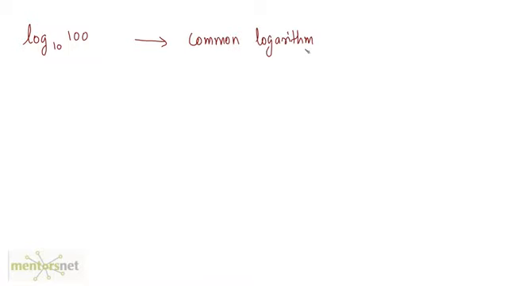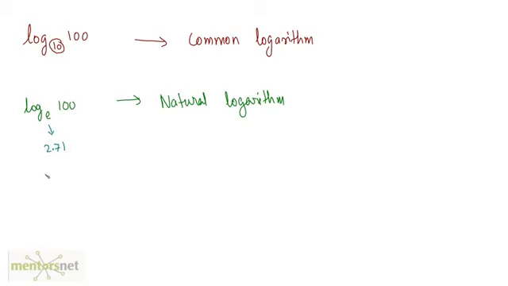A common logarithm is specifically a logarithmic expression in which the base is 10. When the base is e, that is Euler's constant, it is known as a natural logarithm. The value of this Euler's constant is approximately 2.71.